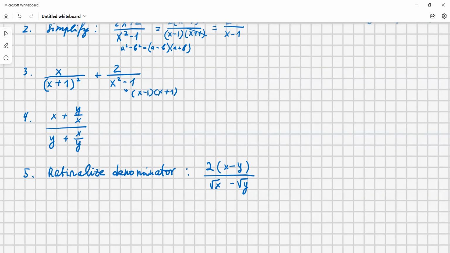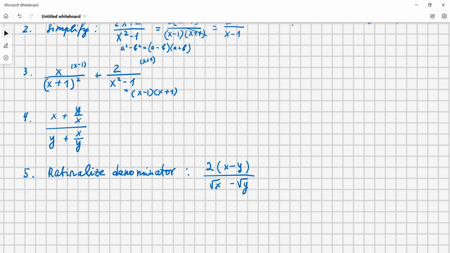The first denominator has x plus 1 2 times, and the second one has it only 1. So we are missing for the first fraction x minus 1 in numerator and denominator. For the second fraction, we are missing x plus 1.